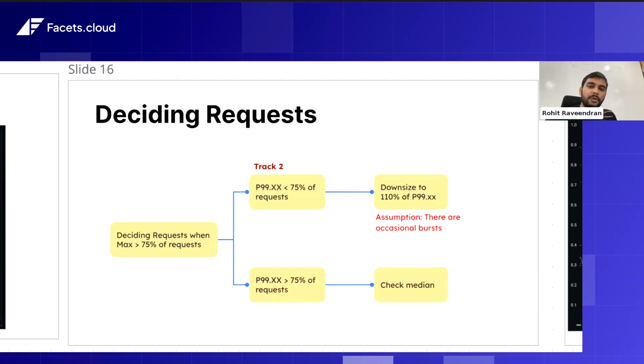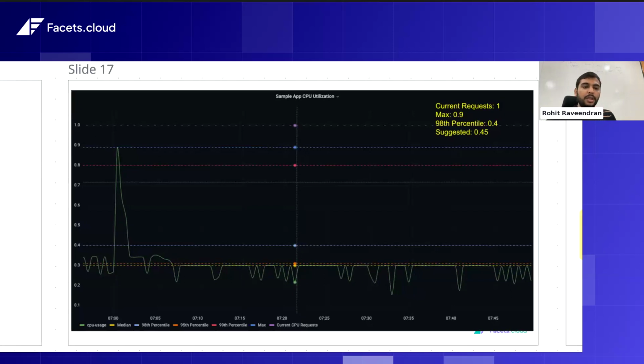So let's take an example. Again, this is the exact same example that we discussed earlier. In this particular example, we had identified that the percentile number that we would track is the 0.4 mark, but the maximum is coming out to be something like 0.9.